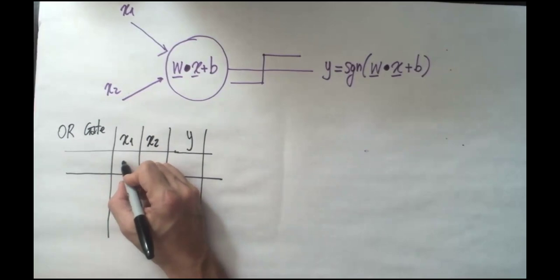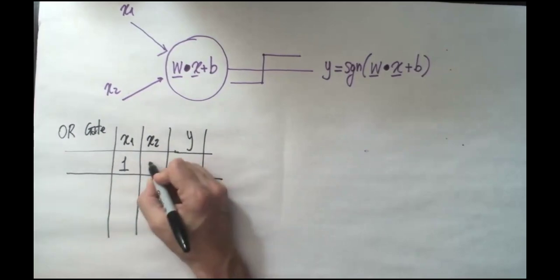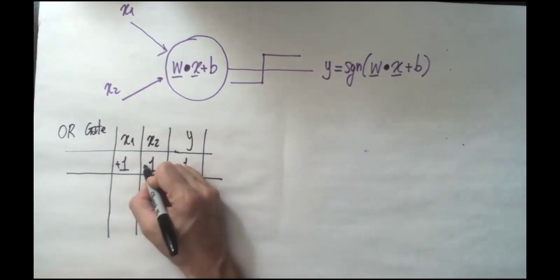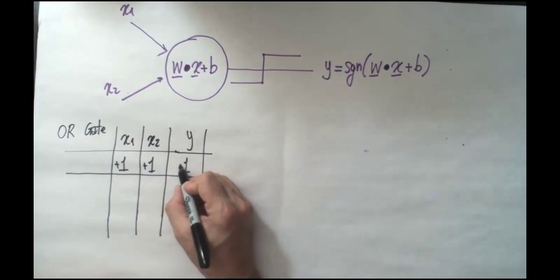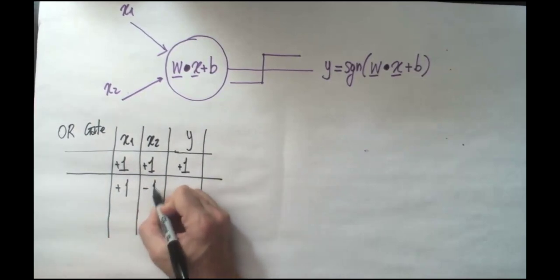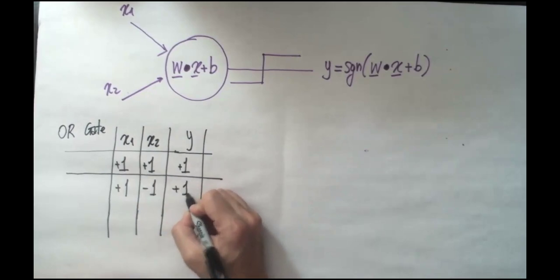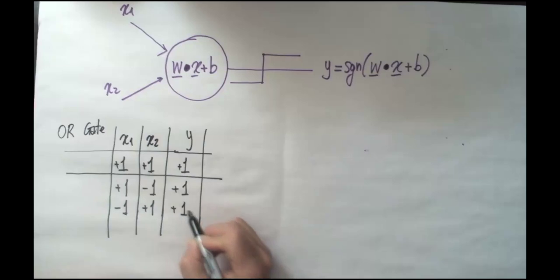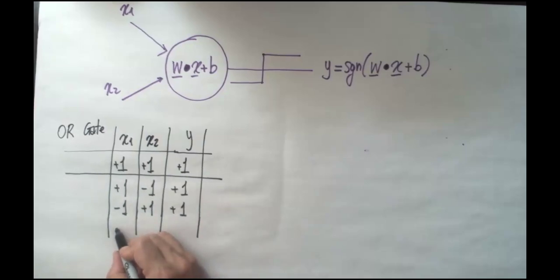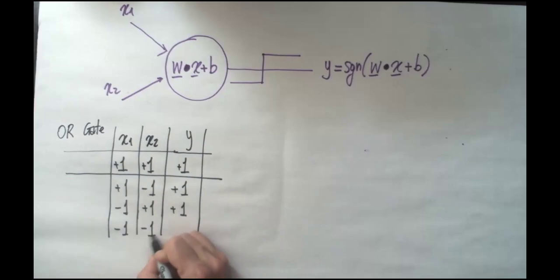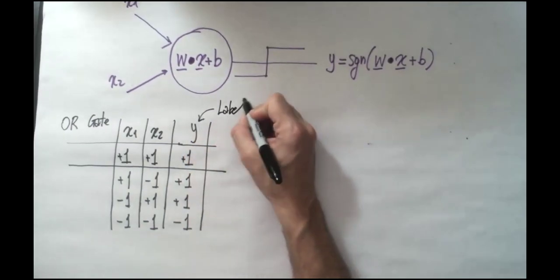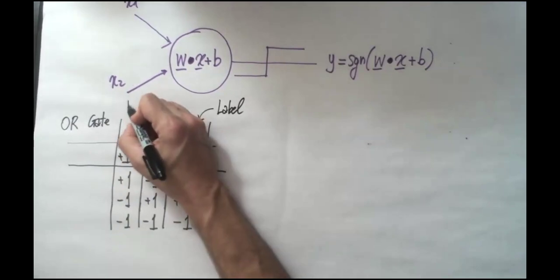We can have the pair +1 and +1, which is true; +1 -1, which is also true; -1 and +1, which is also true; and false and false is equal to false. Okay? So this we call the label. And this is basically now the input data.